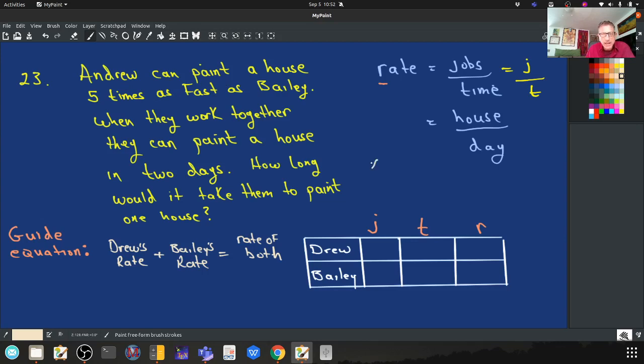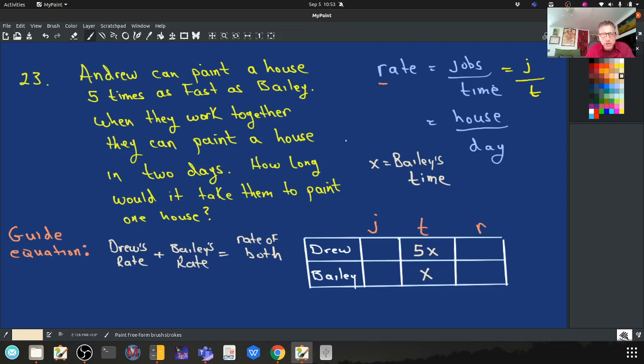So if I let x equal Bailey's time, then I'm going to put an x right there for Bailey's time. And it says Andrew can paint a house 5 times as fast. So the time that Bailey can paint the same house is 5x.